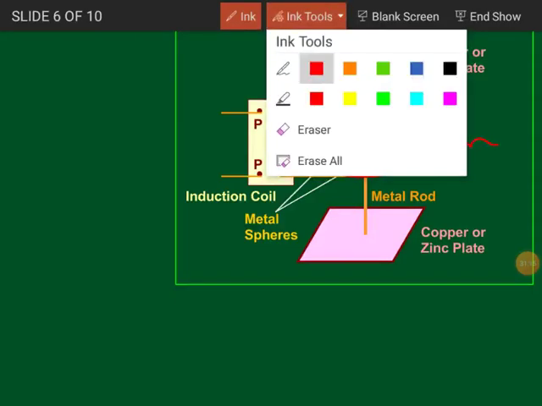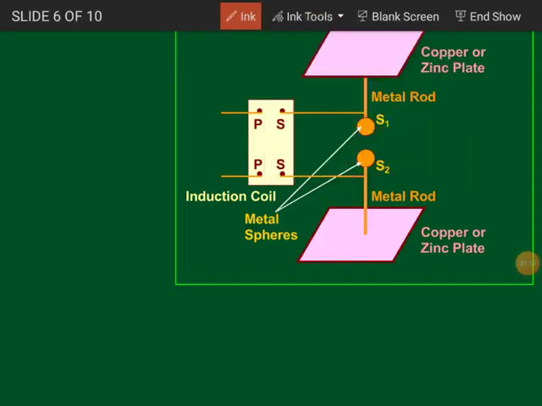Perpendicular to both, electromagnetic waves will be propagating, and this is the source of your electromagnetic waves. But if you want to detect these electromagnetic waves, then Hertz kept two similar spherical balls here, S1 and S2, placed with a ring, connected to the two balls.